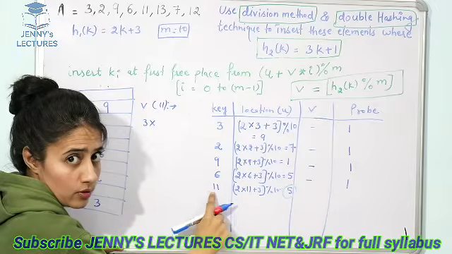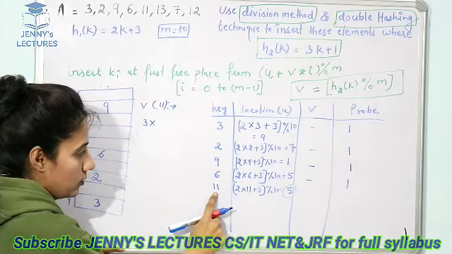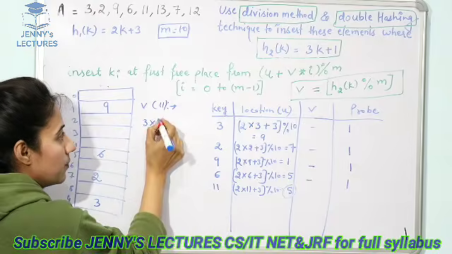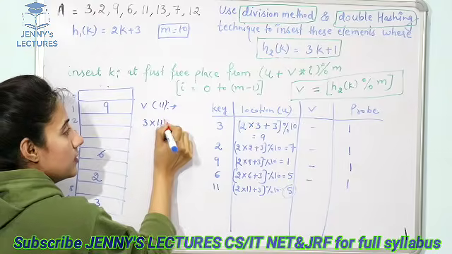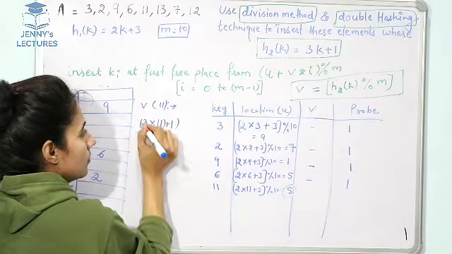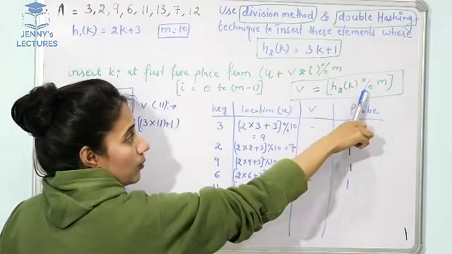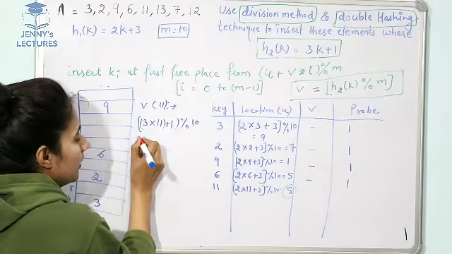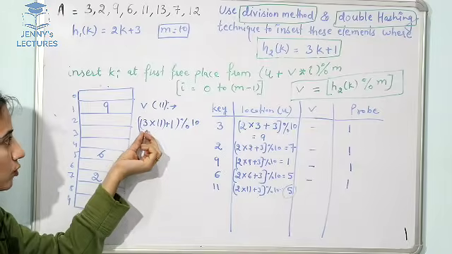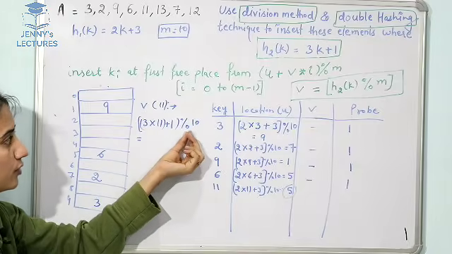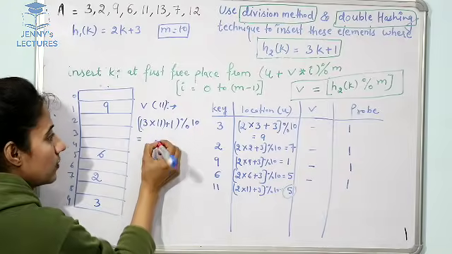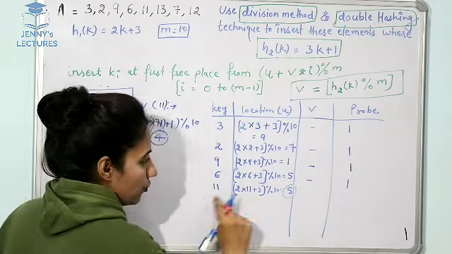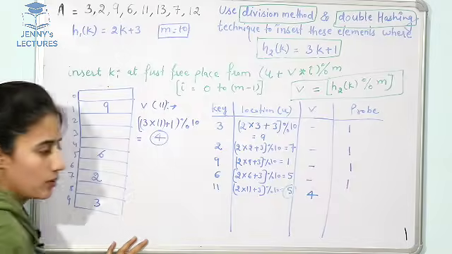K is the key for which you are searching the location, or you can say at which collision comes, that is for which collision comes, the k is 11, plus 1, this one is h2(k), and mod m value is same, that is 10. Now tell me what is the value? 11 into 3 is 33, 34 mod 10 is what? That is 4. Fine. Now value of v is 4.